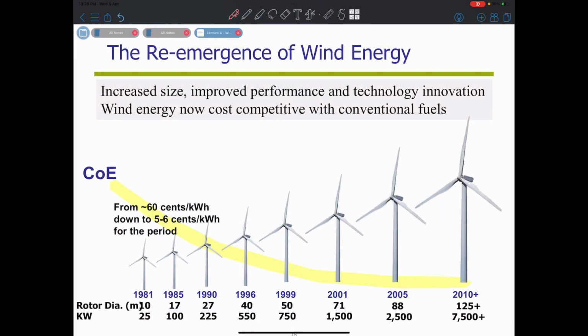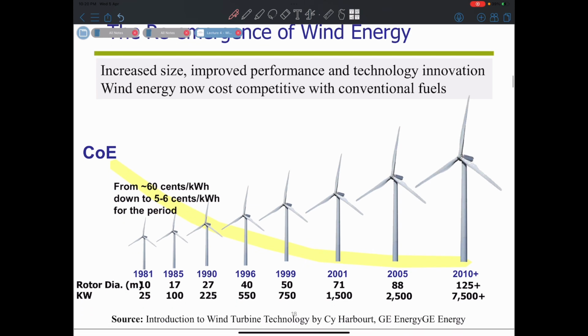Also, the re-emergence of wind energy has brought increased size, improved performance, and technology innovation. Wind energy is now cost competitive with conventional fuels.